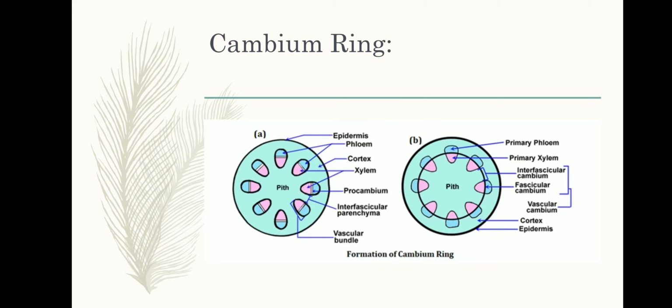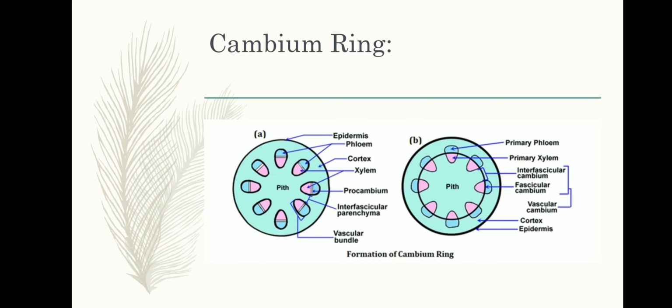As you can see in the diagram, these are called interfascicular parenchyma. That is, the cells of the medullary rays which are adjoining the intrafascicular cambium become meristematic cells to form the interfascicular cambium.